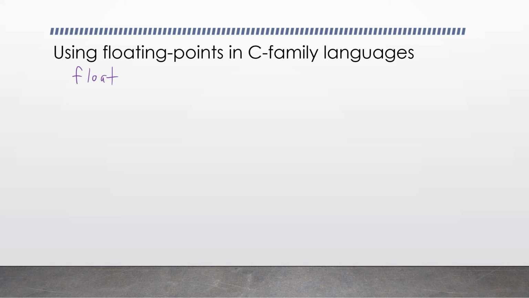Okay, so you would say a float my float equals 0.25, and then you put a letter F after it to indicate to the compiler that you really did mean this to be a float and not a double precision floating point.